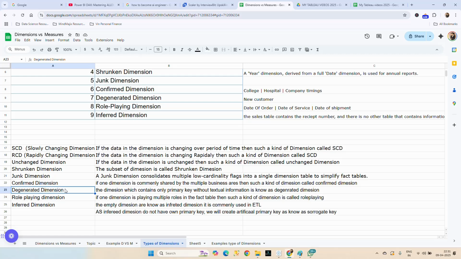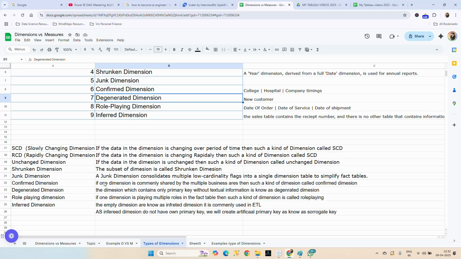So what you do, you need to create a degenerated dimension table, with a temporary name like new customer, with the fact table ID. So you can enter these two IDs in different tables. After that, if you get the customer name information or location, you can move the degenerated dimension entry to the other dimension. I hope you understand what degenerated means.